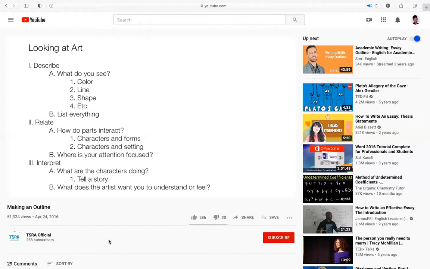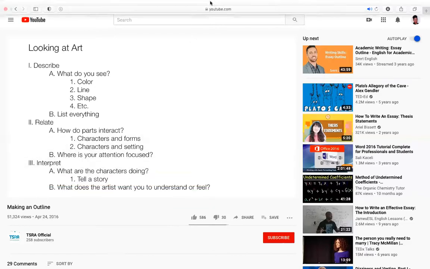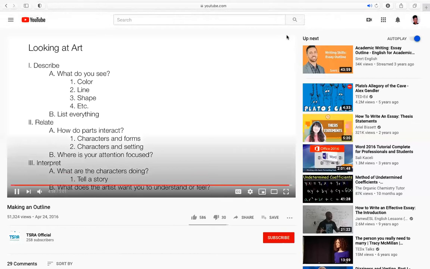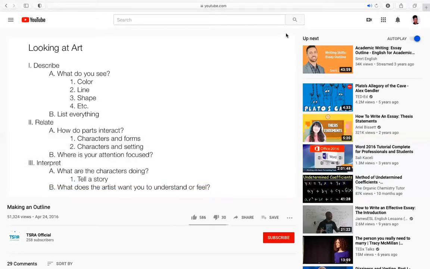That's our outline of the describe, relate, interpret process. We didn't have to write full sentences, we didn't have to worry about making paragraphs or using correct grammar. All we had to do was worry about structure. And now we have a map that lays out the process for us. And if we wanted to, it would be really easy to write it out in full sentences and paragraphs, and we'd probably be clearer and more concise than if we had jumped straight into writing.